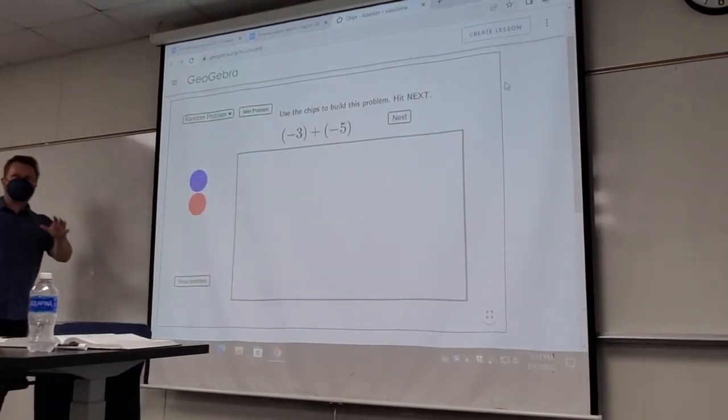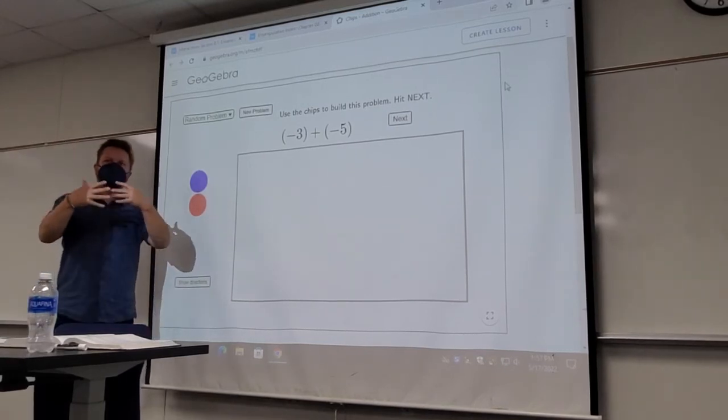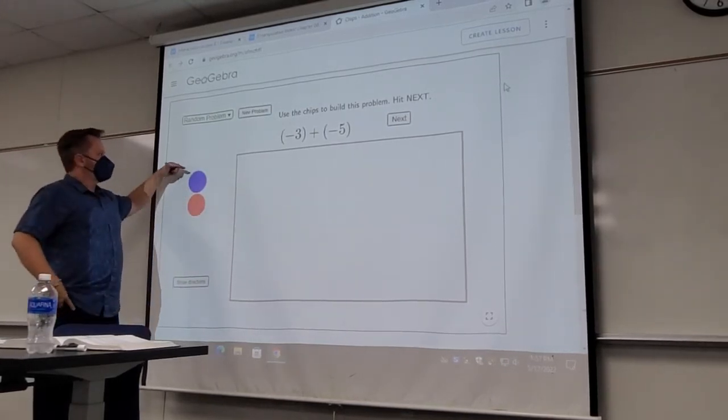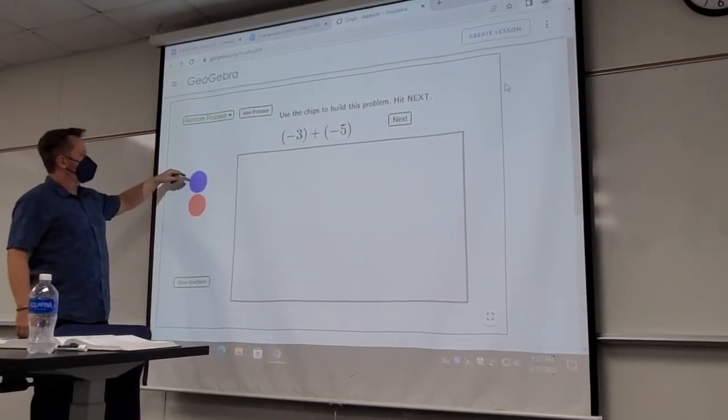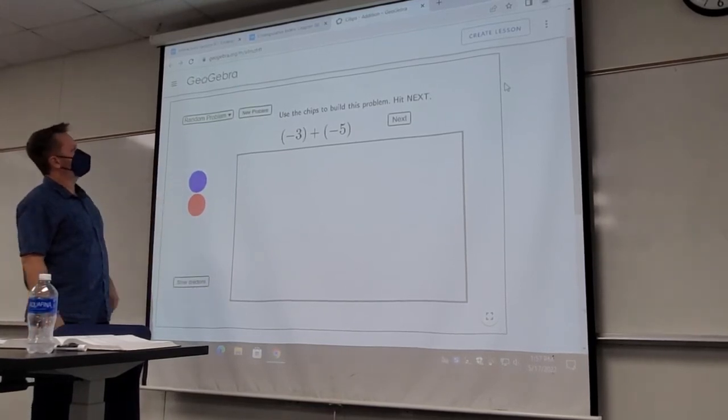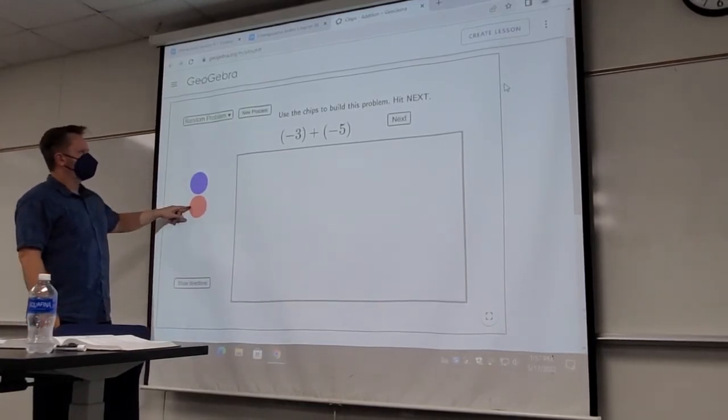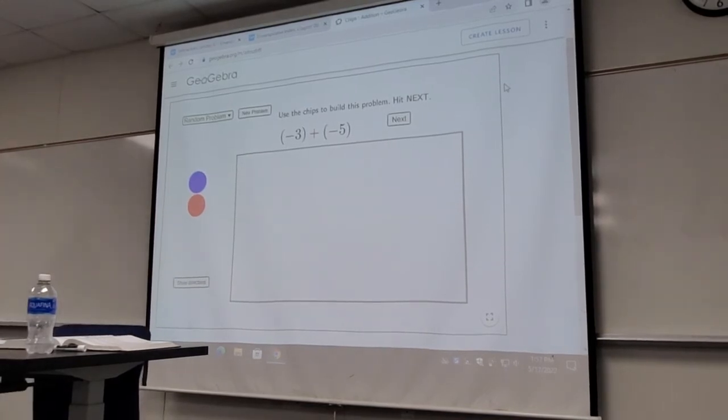So one way we introduce working with negative numbers is to have the negatives represented by, which one does this do? I think it's red. It's kind of cool when I move it. Yeah, I'm pretty sure, so negatives are red. See how it's pointing down? So here I have 3 negatives and then another 5 negatives.